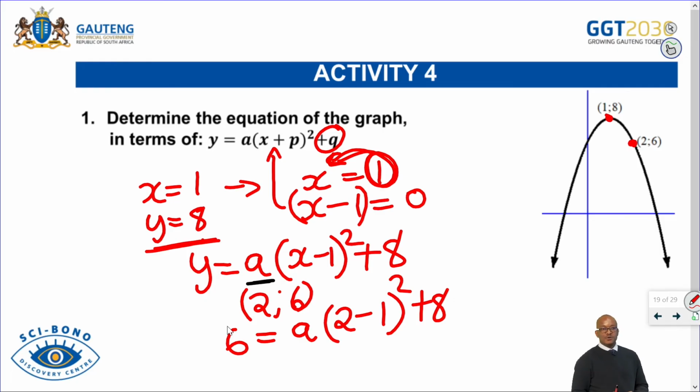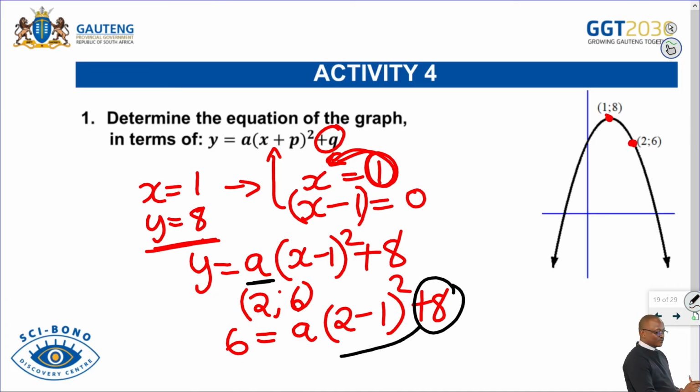And then we have to make a the subject of the formula. And how do we make a the subject of the formula? It will be easier for us if we transpose this positive 8 to the left-hand side.